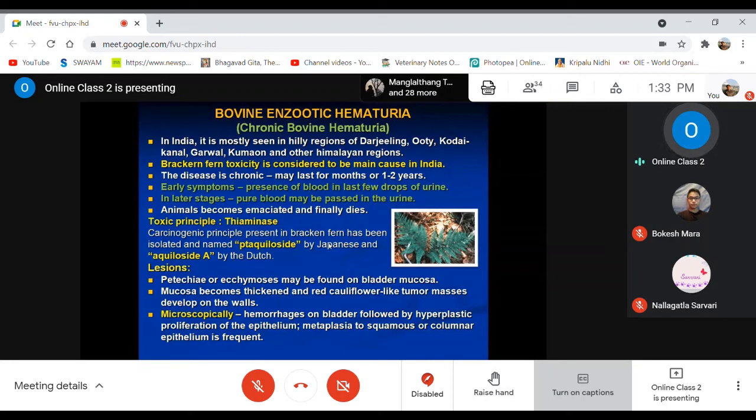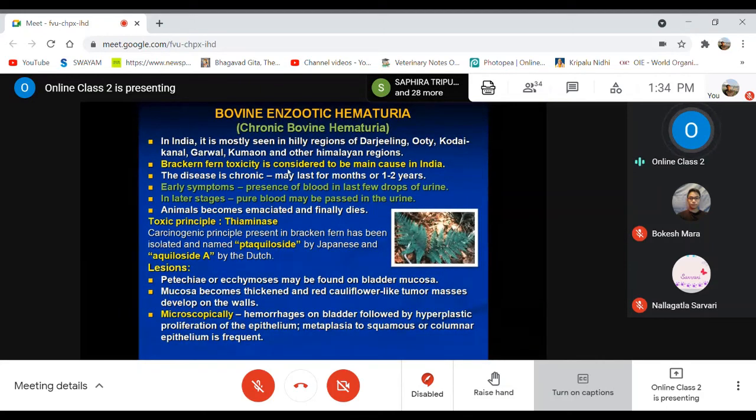So lastly, here is the very important topic, as I was talking about, the Bracken-Fern toxicity. This particular disease is very common in the sub-Himalayan regions, in the foothills of the Himalayan regions, like Darjeeling, Ooty, Kodaikanal, Karnal, Kumaon, and all. So the fern, the Bracken-Fern, is very commonly present there.